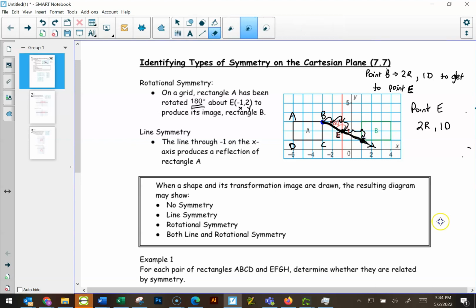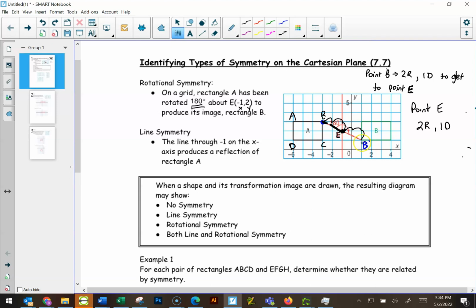That's where I need to end up. Okay, so I'll just get rid of these so that they're out of the way. But you'll notice that the steps I use to get from B to E, if I use them again, they will get me to my new B position, which we have been in the habit of calling B prime. And we should continue to be in the habit of calling B prime.